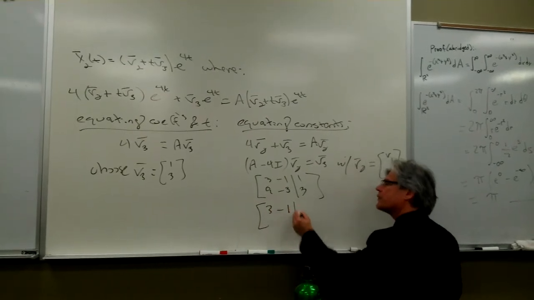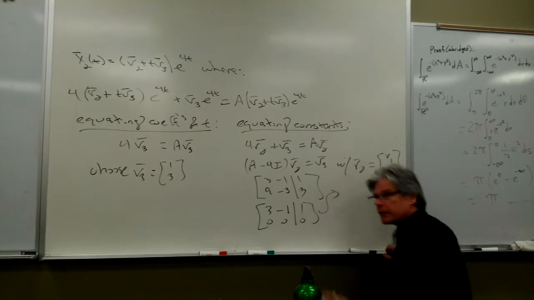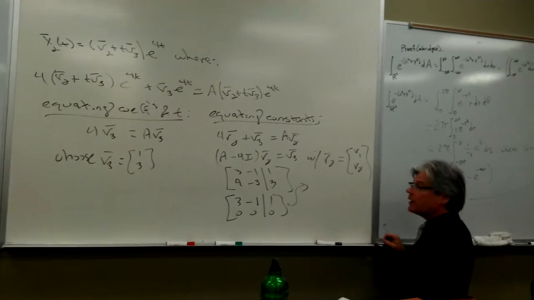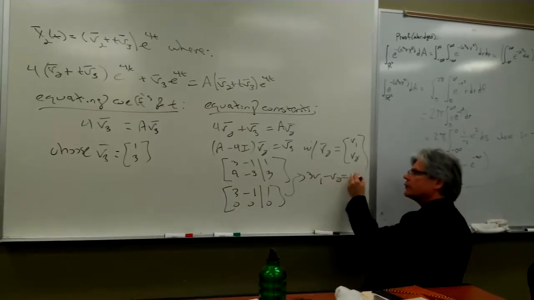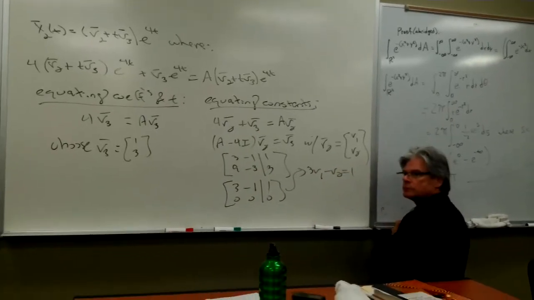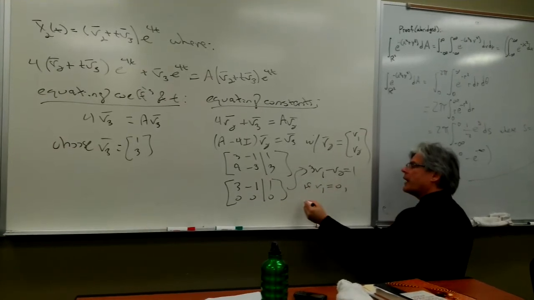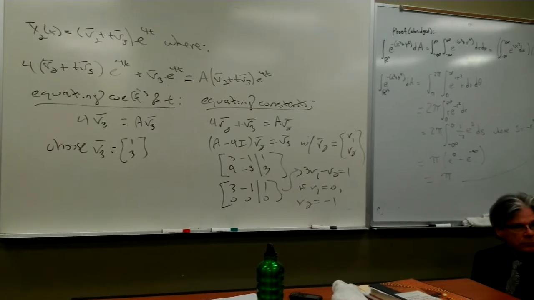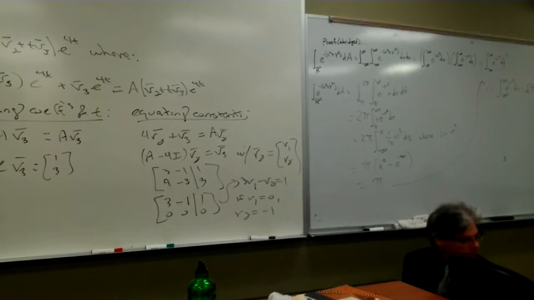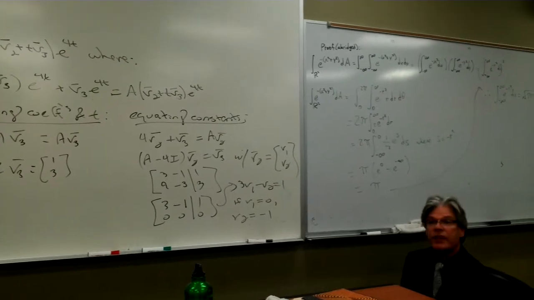I do think this reduces somewhat to this augmented matrix. The second row, in other words, is simply a multiple of the first. But I think what this tells me, in terms of a single equation in V1 and V2, is that 3V1 minus V2 is equal to 1. So if we let V1 be equal to 0, I think it says that V2 is equal to negative 1. You guys, I've got the mathematical right to let V1 or V2 be anything I like, as long as in the end, the corresponding vector is not the 0 vector.